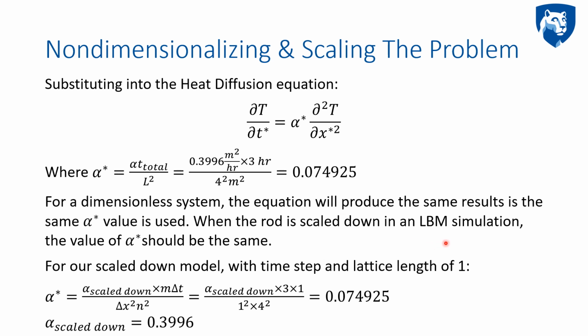Since this is a dimensionless system, if we downscale our model, then we should have the same amount of alpha prime. And in fact, if we go back to the equation and substitute with the downscaled parameters, we would have the same value of alpha, which is 0.3996.